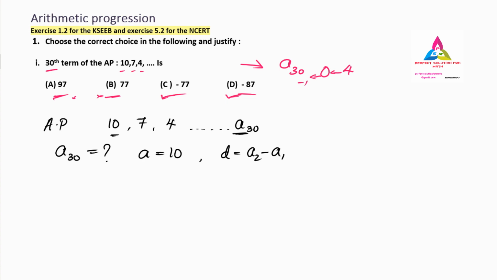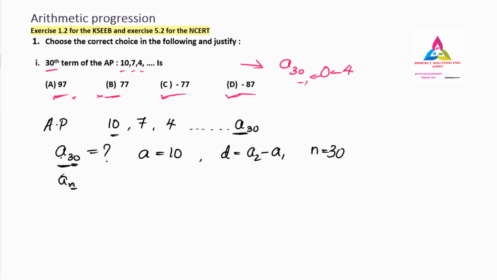Next, to find A30, what is the n value? The n value is most important to find the nth term. So in place of n we have 30. Which term you have to find, that is the n value.